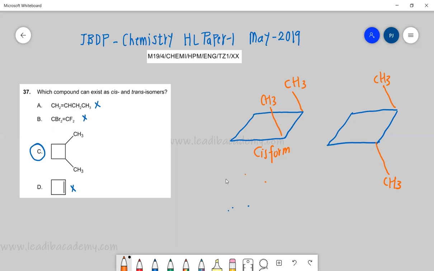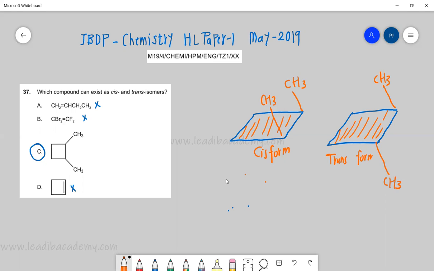Please remember, you can consider this is like a plane. Both these are above the plane, while here in this case one is below the plane. You need to visualize. So this is basically a trans.